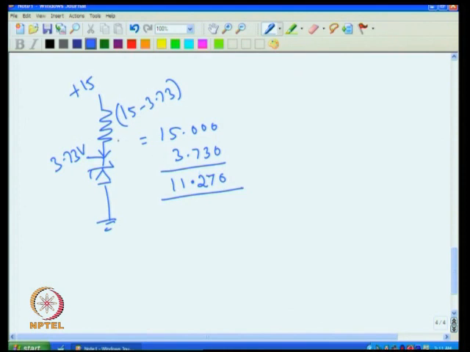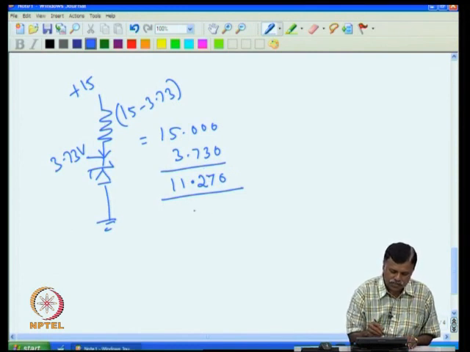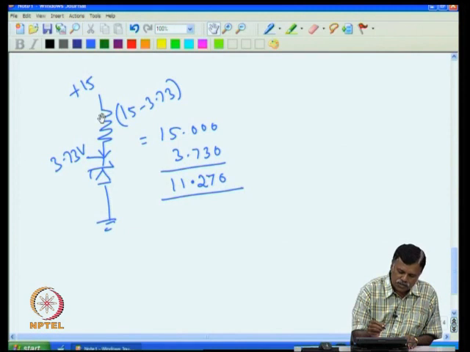I want to make sure 1 milliampere current minimum. In this example, let me take 2 milliampere because it can work from 1 milliampere to 10 milliampere. I will come back to why I have taken 2 milliampere. So, if I want to pass 2 milliampere current through this, then the voltage across this resistance in the worst case will be 11.27 volt.